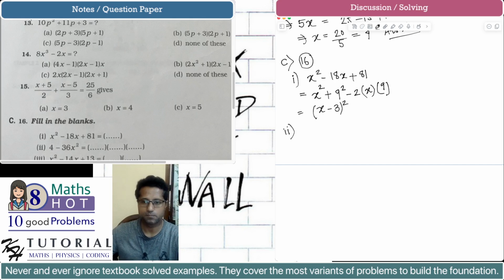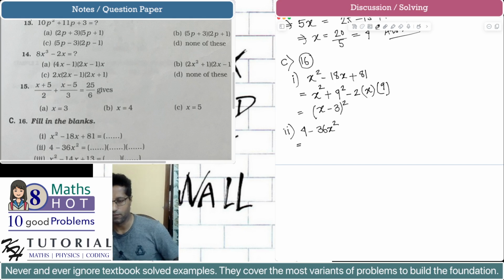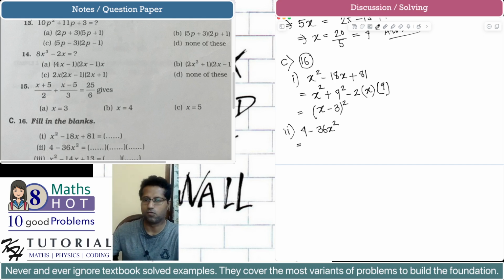Part 2, 4 minus 36 x square. First we will see whether there is any common factor in all the terms of the given expression, and we can clearly see 4 as a common factor. So we factor that out, and we get 4 multiplied by 1 minus 9x square.